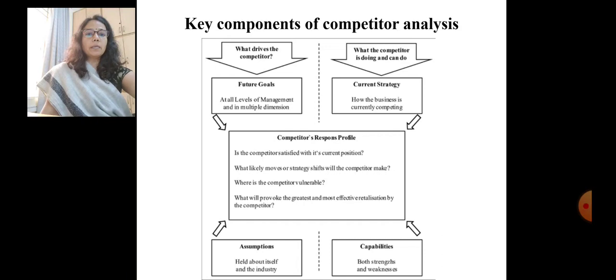And where is the competitor vulnerable, whether he has been able to make adaptive changes to the situation, and what will provoke the greatest and most effective retaliation by the competitor. These are certain factors the competitor response profile consists of. And there are assumptions and capabilities.